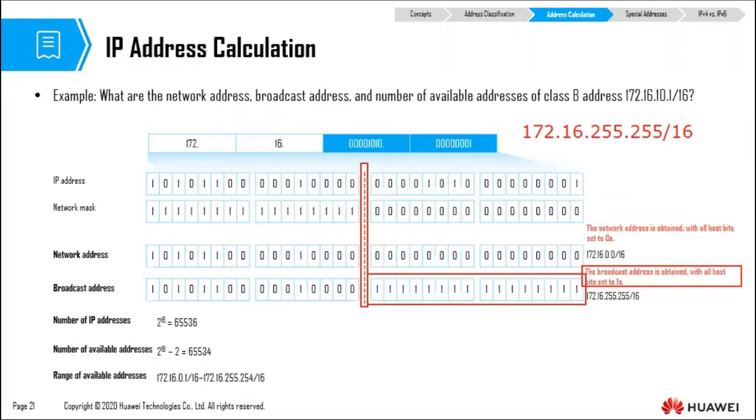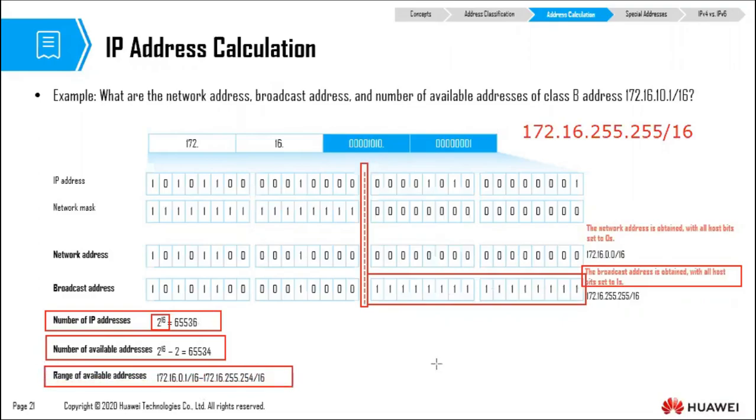The next one is the total number of addresses. Of course, total number of addresses is 2 raised to power the number of host bits. So the number of host bits is 16, so 2 raised to power 16. The number of available addresses, 2 raised to power n minus 2. Very good. Then range of available addresses. See, I've told you how to do that.